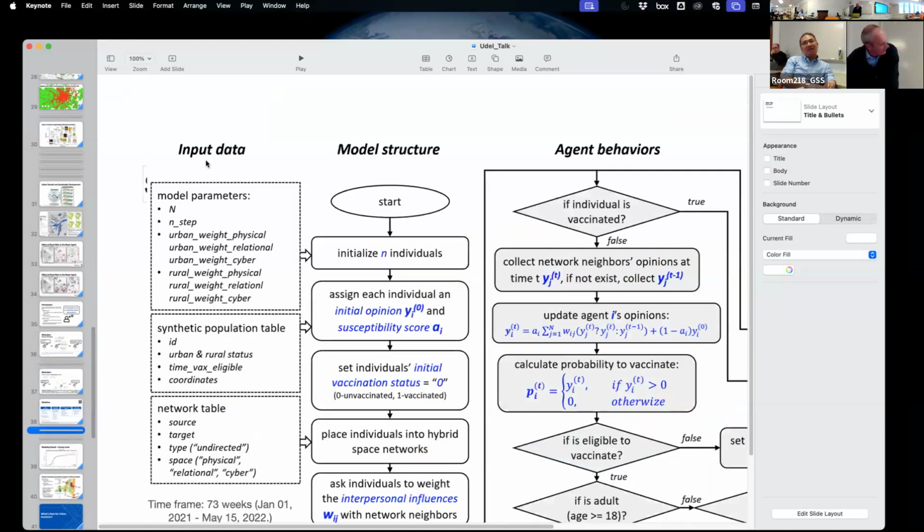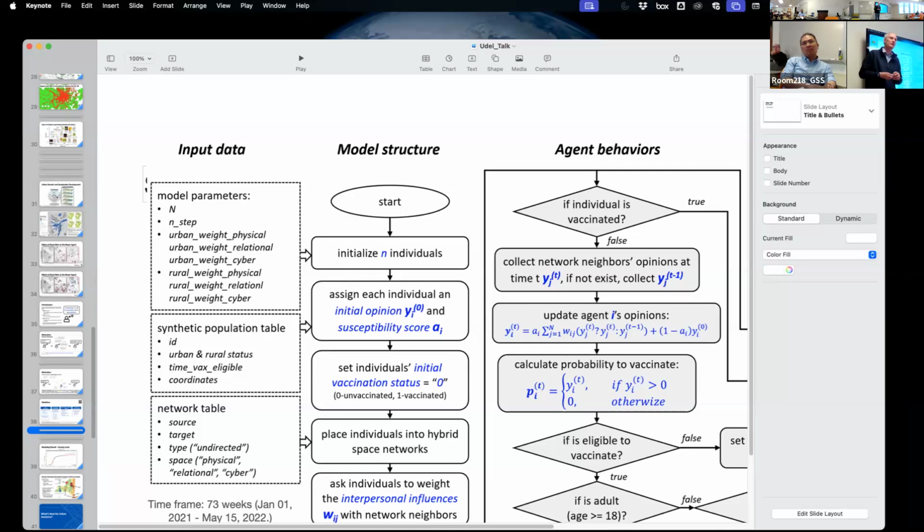I didn't want to go into the math of the model. But what you can sort of see here is the agents make decisions based on many parameters around them, right? So they act by asking about themselves, but also the people around them.